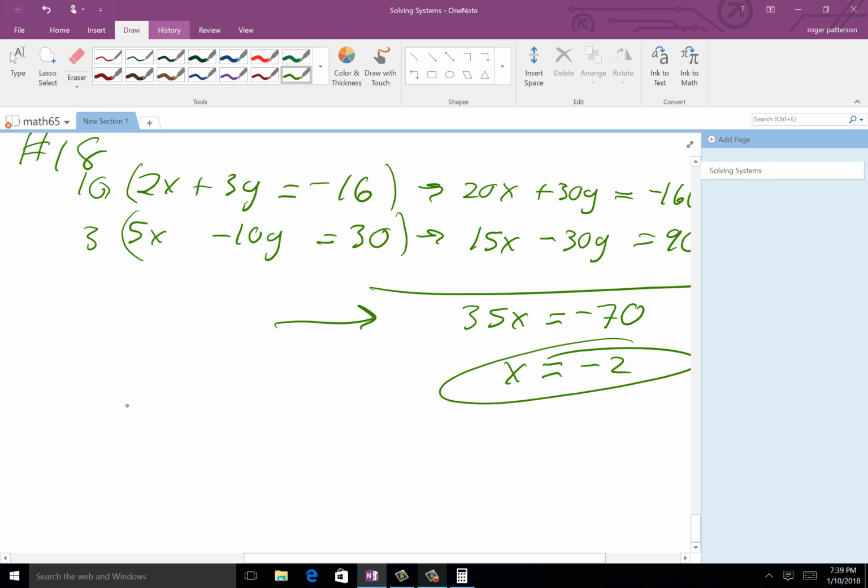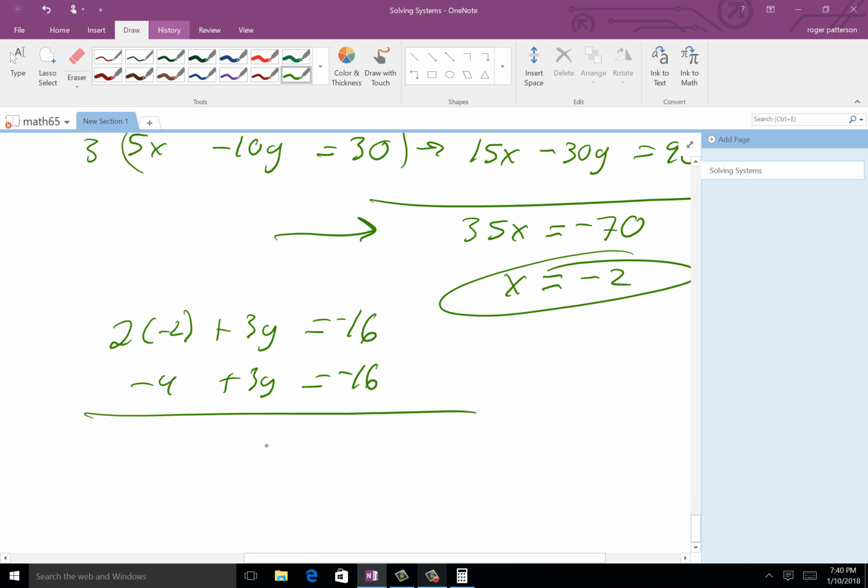Oh, yeah, okay, so that's going to give us 2 times negative 2 plus 3y equals negative 16. Okay, negative 4 plus 3y equals negative 16. So what's y turn out to be? I think you're right. Because when we add 4, we'll get 12, and then divide by 3, negative 4. Awesome. Okay, how are we doing so far?